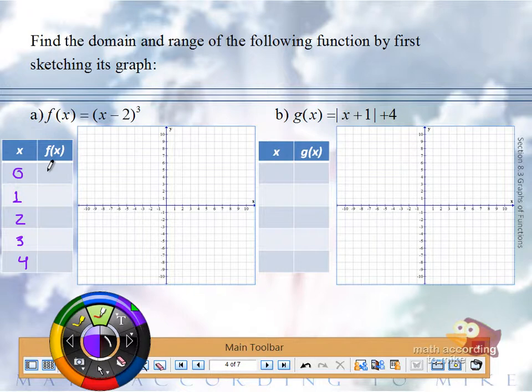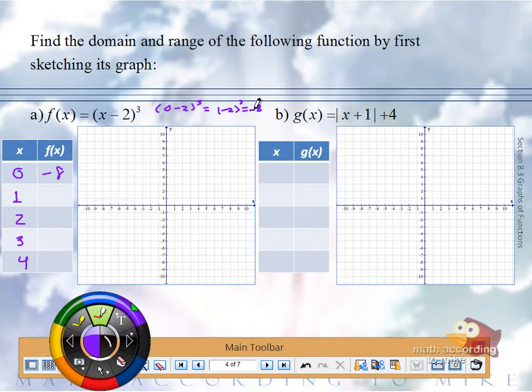Zero minus 2 cubed is -2 cubed, which is -8.